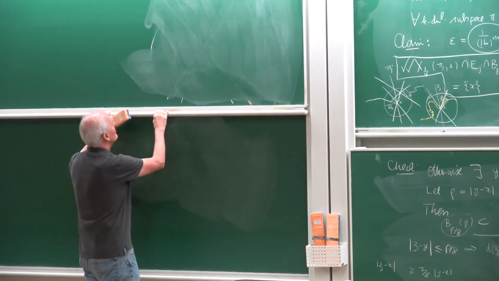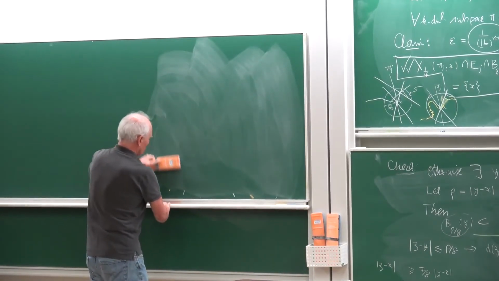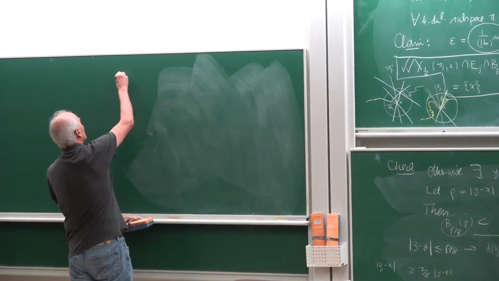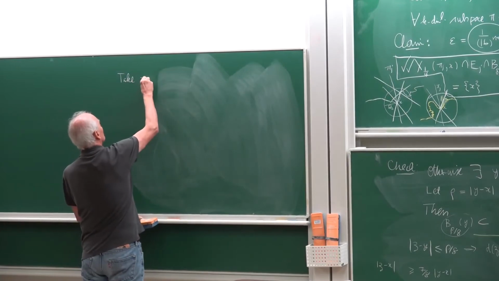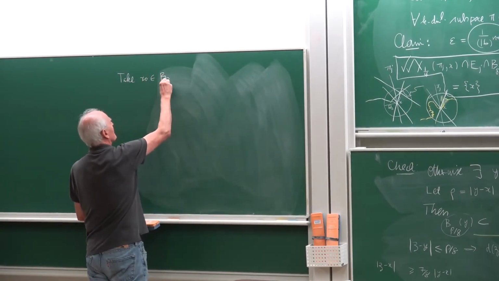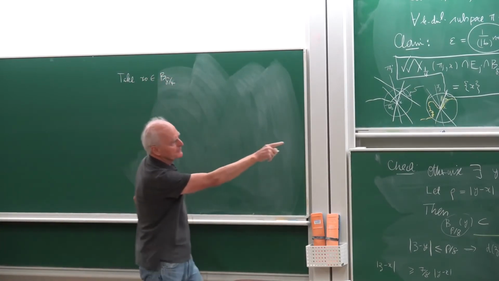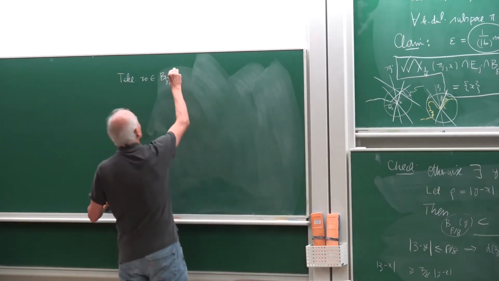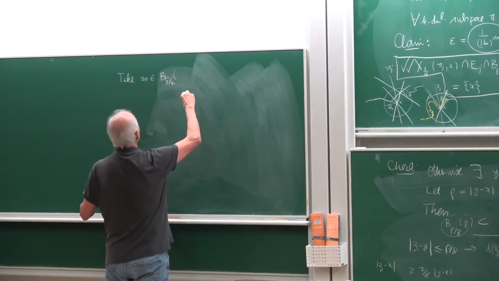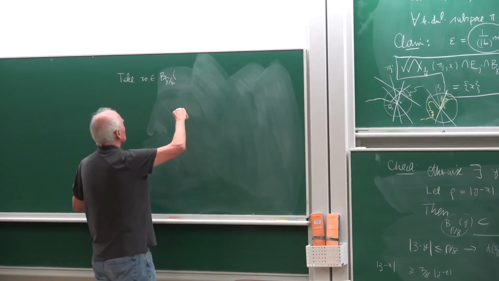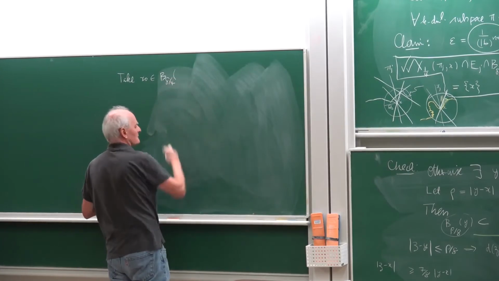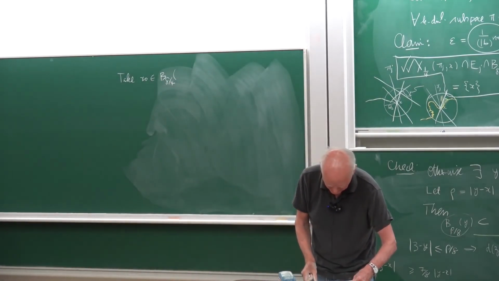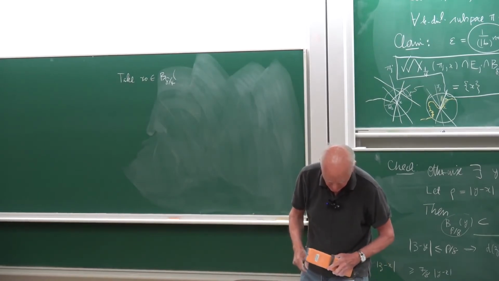Now, take any x_0 in E_j, and B, say, δ/4. Remember, we've got this number δ from the Egorov theorem. We've got that fixed number δ, centered at 0.